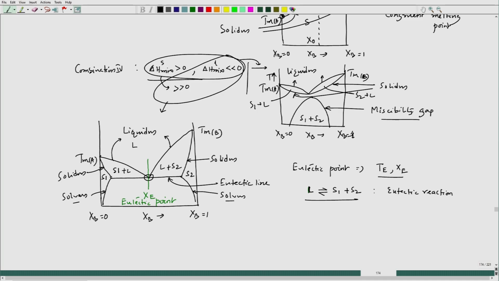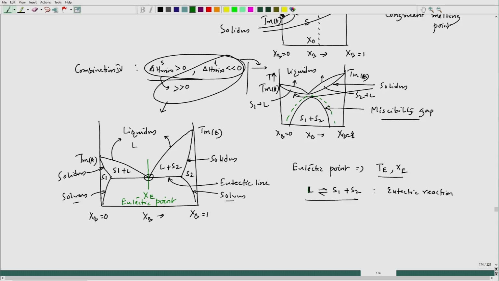Eutectic reaction. Fine. So, we will try to learn more about this eutectic thing, but at least one thing is very clear: as we increase the positiveness of del H mix solid, this line gradually moves upward.